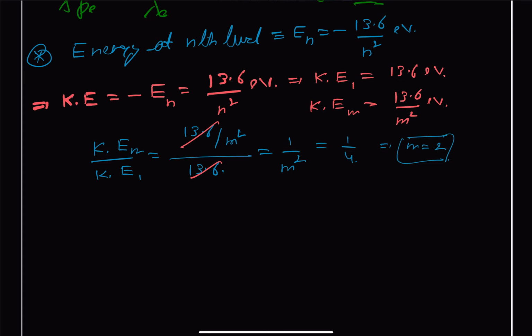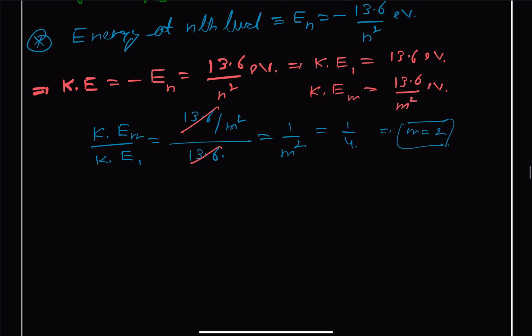Therefore, in this case we have used option C directly, assuming that the value of this ratio is equal to 1 by 4, which gives us m is equal to 2. So option D is correct.